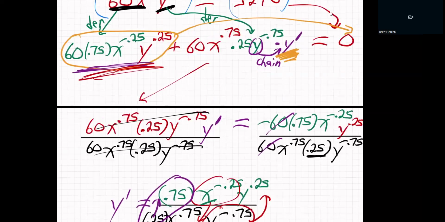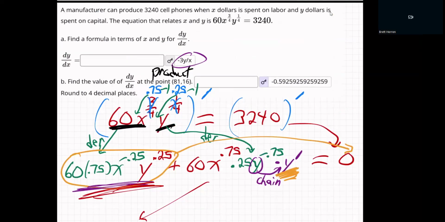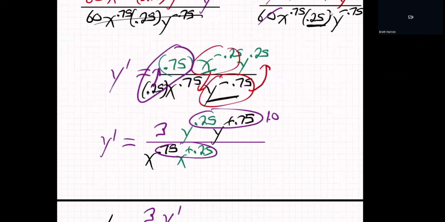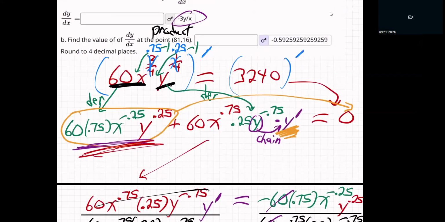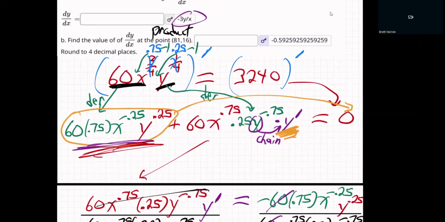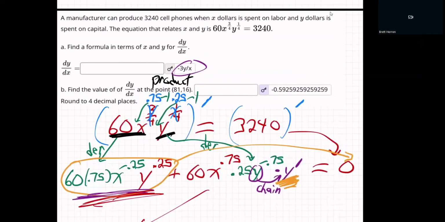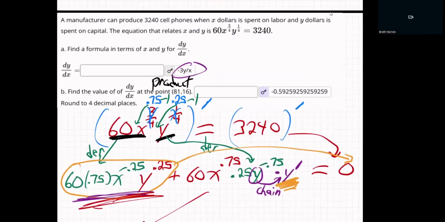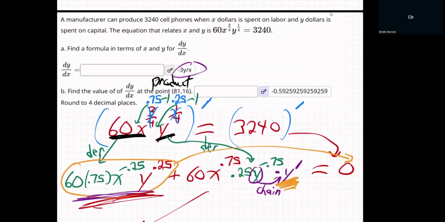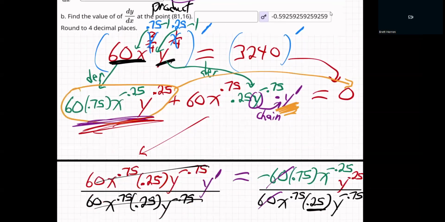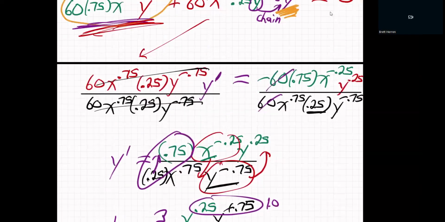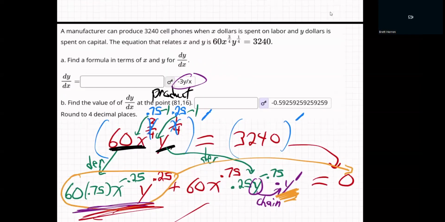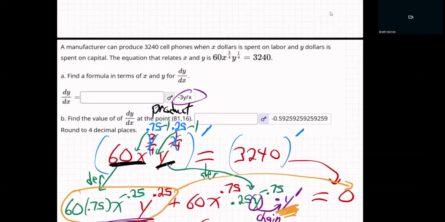Now, that's part 1. Minus. Oh, is it minus? Did I lose the minus sign? They said it's minus 3y over x. I did not get minus. Let's see here.